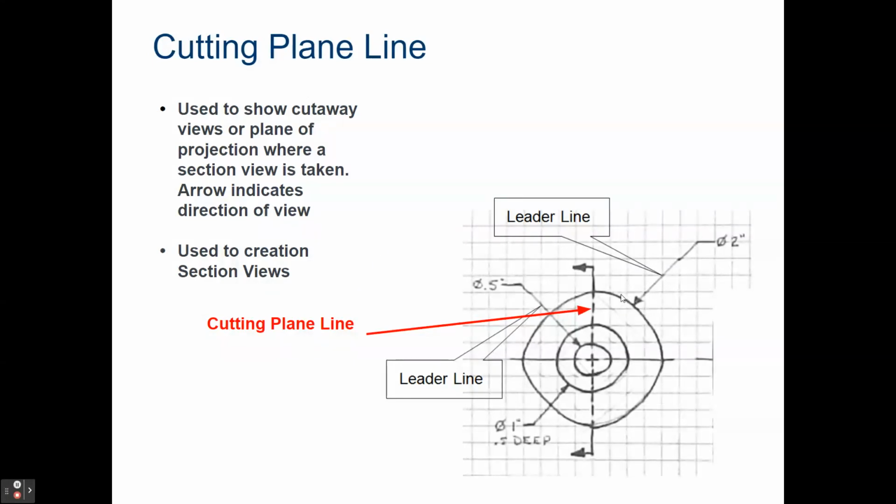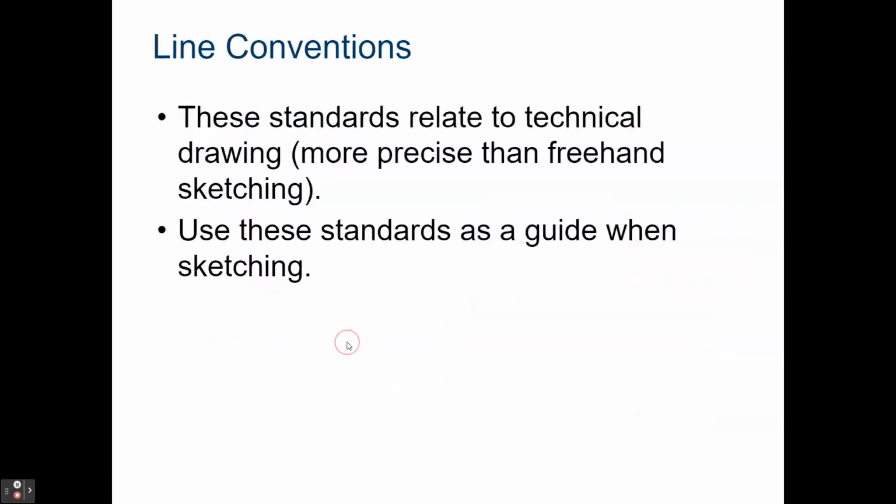And so that type of line, which is kind of dashed top to bottom, and then does have an extension beyond the object lines, top and bottom here, and then it will show either left or right, up or down, whatever direction you drag your mouse in, essentially, to create that view. That's the part of the object you're then going to see. And so that is a cutting plane line.